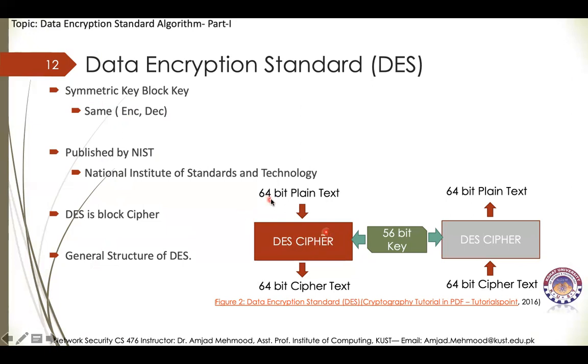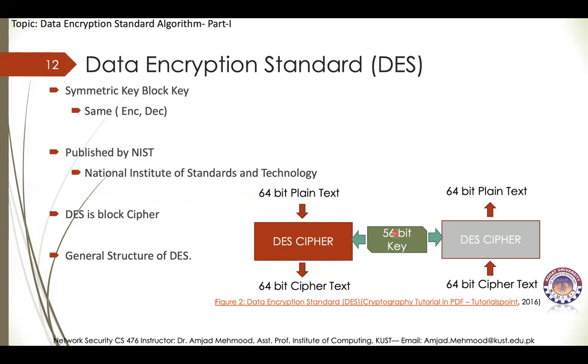You will pass a 64-bit plaintext through the Data Encryption Standard, and you will get 64 bits out. As you pass a 64-bit plaintext, you will definitely get a 64-bit ciphertext. Here you have a key through which you are making your data secure.